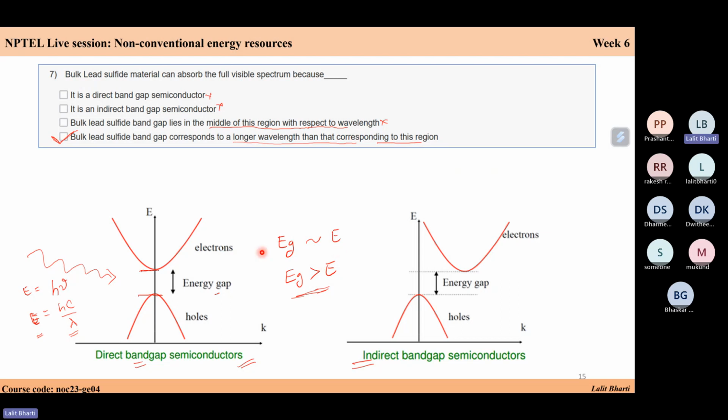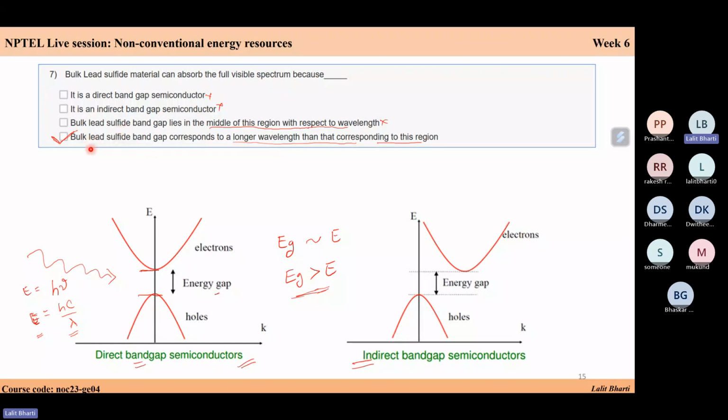So we know the band gap should be lower than the incident energy for it to be absorbed. If you convert the energy to wavelength, then your band gap wavelength should be higher than the corresponding radiation's wavelength. So this is correct.